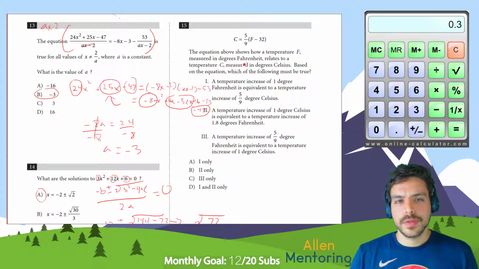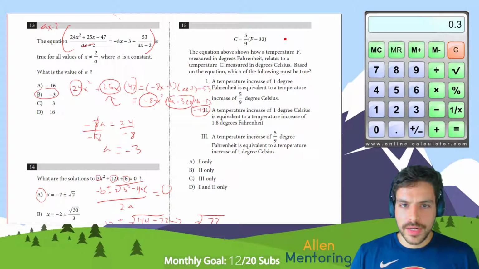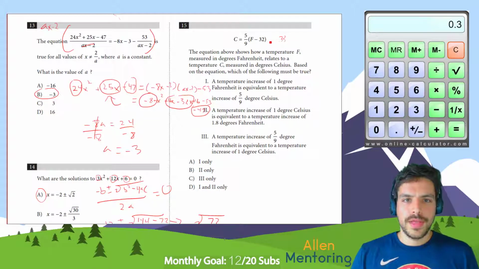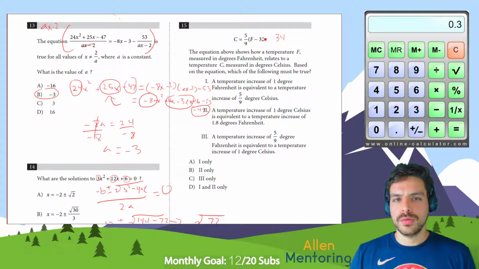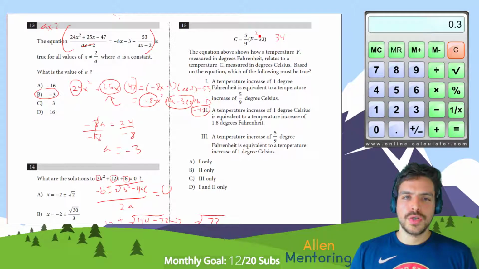So is that true? Well, let's think about it. Let's say F is 33, then 33 minus 32 is 1, and C would be 5/9. What if F was 34? 34 minus 32 would be 2, and so 2 times 5/9 would be 10/9.